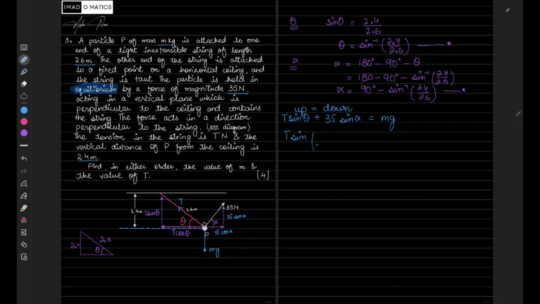T sine of sine inverse of 2.4 over 2.6 plus 35 sine of alpha, and alpha is 90 minus sine inverse of 2.4 over 2.6 equals mg.